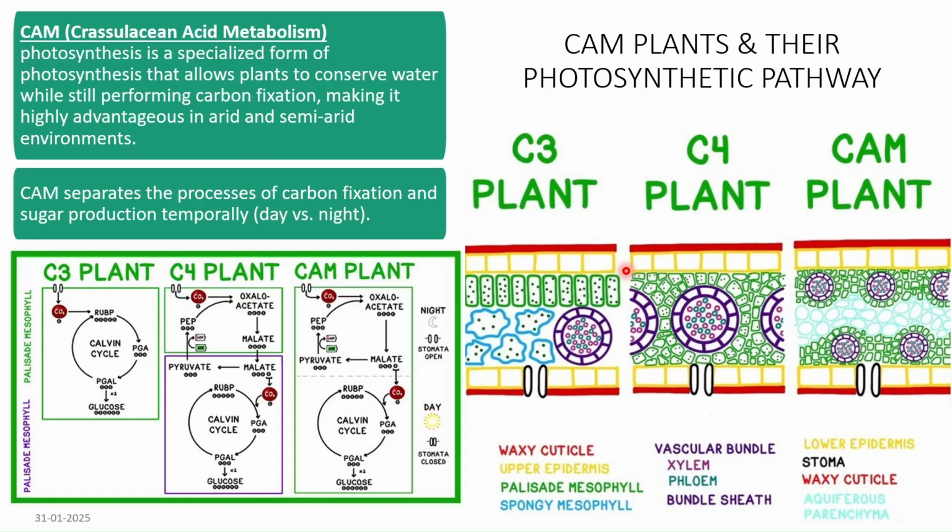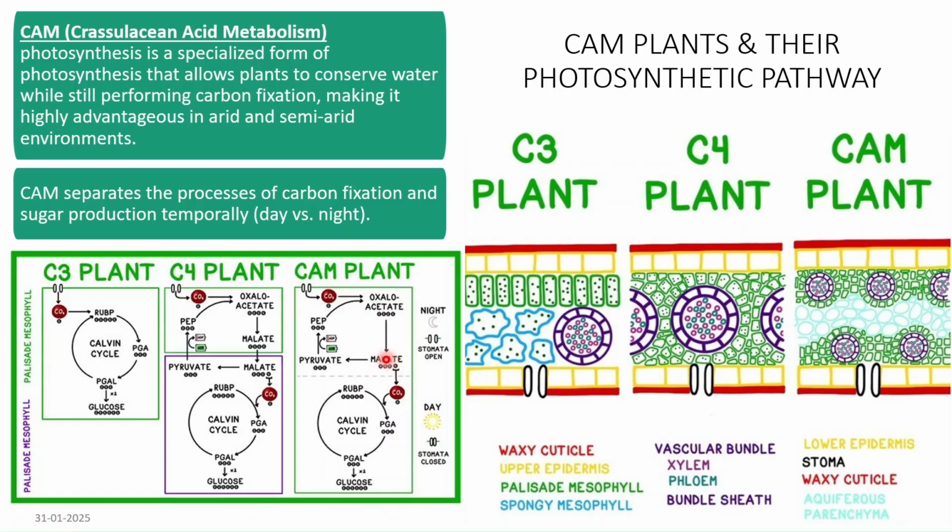So if you see the cycle over here, we see that carbon dioxide during the night time enters, and everything is happening in the mesophyll cells only. There are no bundle sheath cells and all. So it enters the stomata, gets converted to oxaloacetate by PEP carboxylase, gets converted to malate.